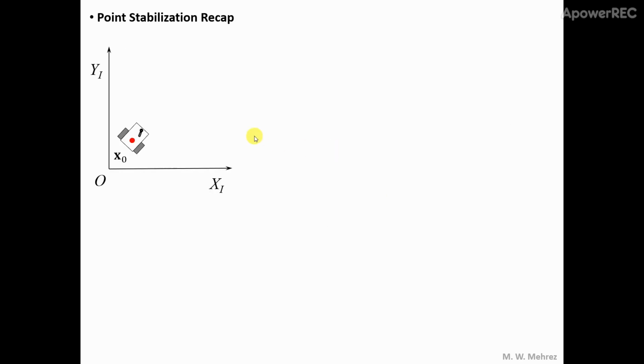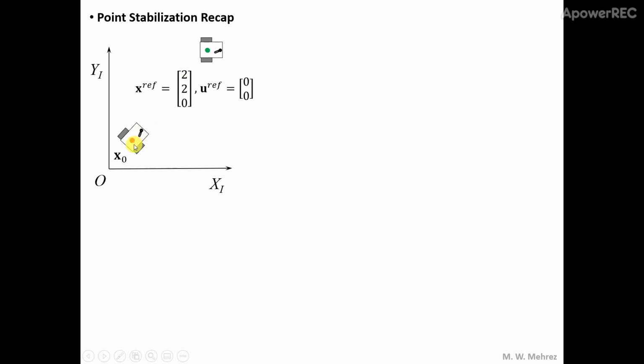So let's recap what we did in the point stabilization problem. In a point stabilization problem, our robot starts from an initial condition x0, and we would like to stabilize it to a reference position and orientation, as you see here. Let's say that this reference position has the state 2, 2, and 0.